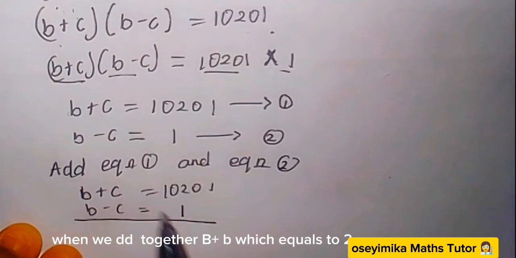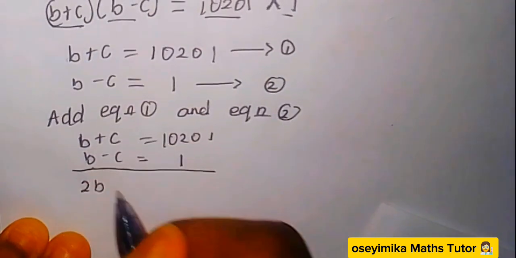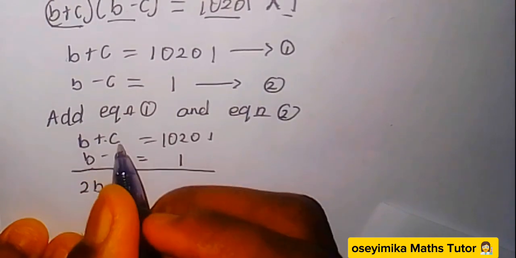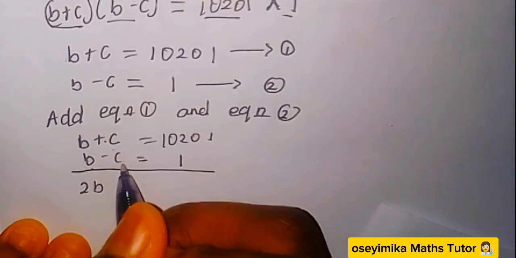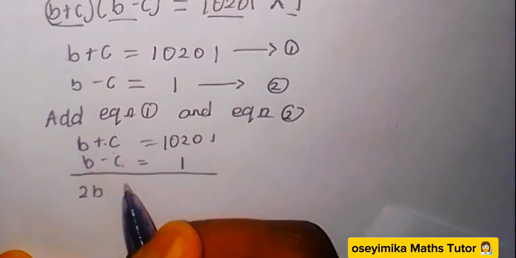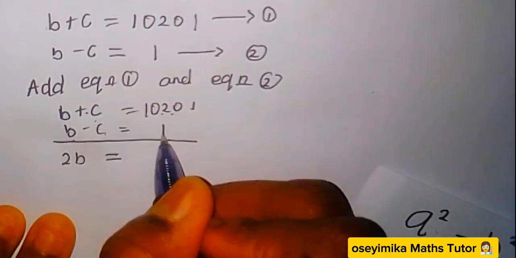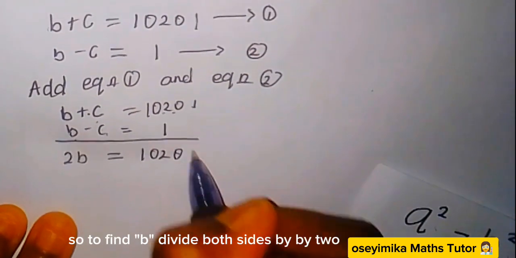When we add them together, B plus B equals 2B, and C plus minus C, that is C minus C, is 0. So that equals 10201 plus 1, that is 10202.